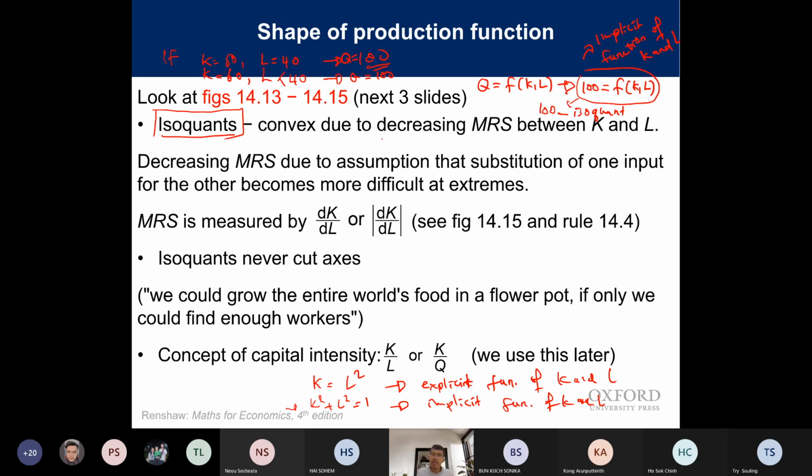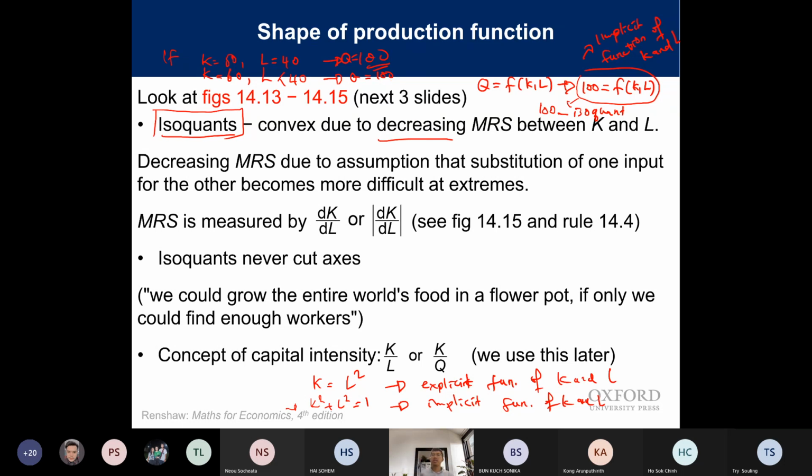So it should be decreasing, okay? Because if one of them goes up, the other tends to go down. It cannot go up at the same time or even remain the same, otherwise the level of output also increases, right?